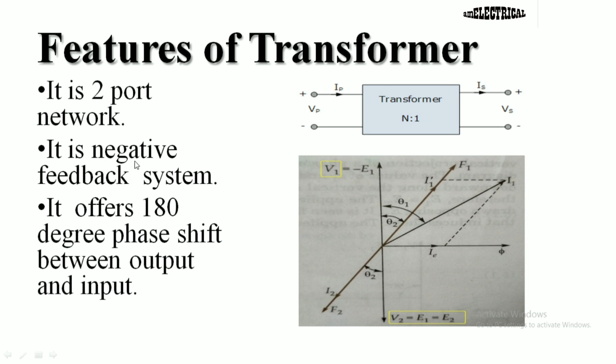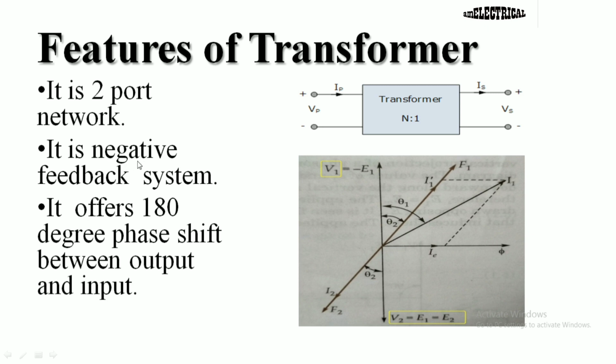Next, it is a negative feedback system. If you know about control systems, then you must know that a closed loop control system has two parts: negative feedback system and positive feedback system.